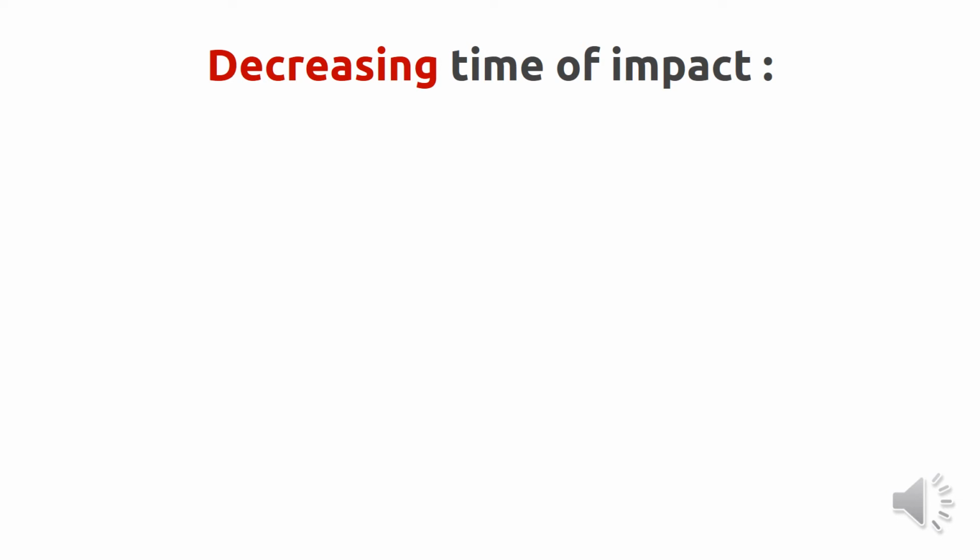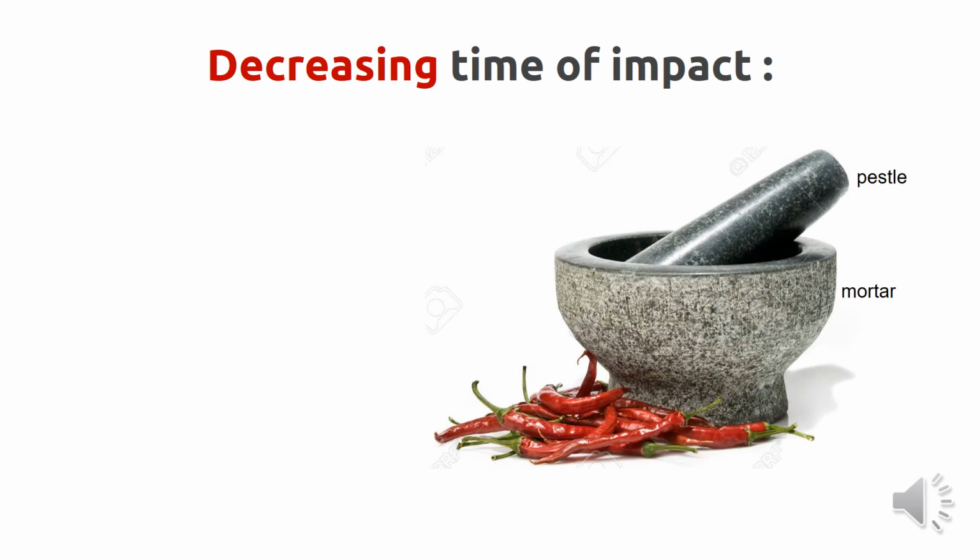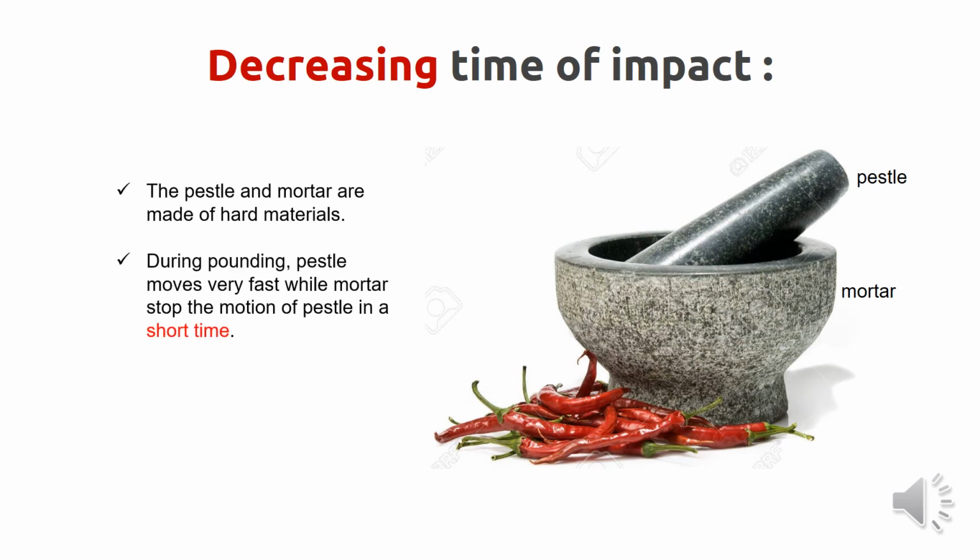Next, what will happen when we decrease the time of impact? Okay, this is the situation. The pestle and the mortar. The pestle and mortar are made of hard materials. During pounding, the pestle moves very fast, while the mortar stops the motion of the pestle in a short time.